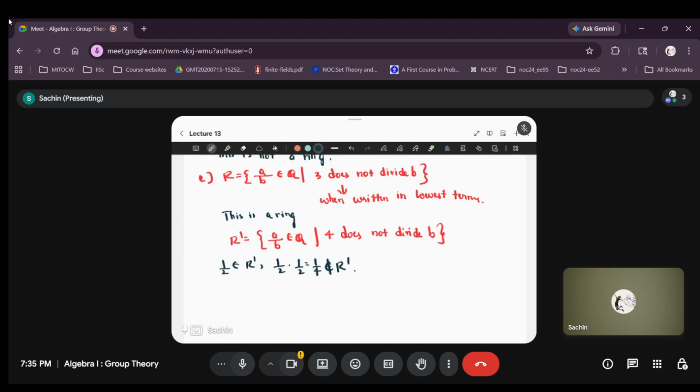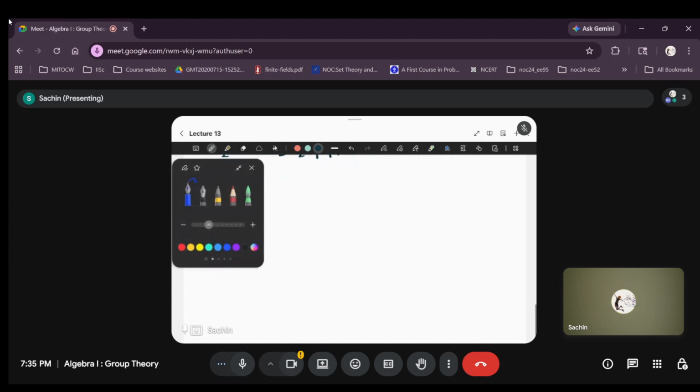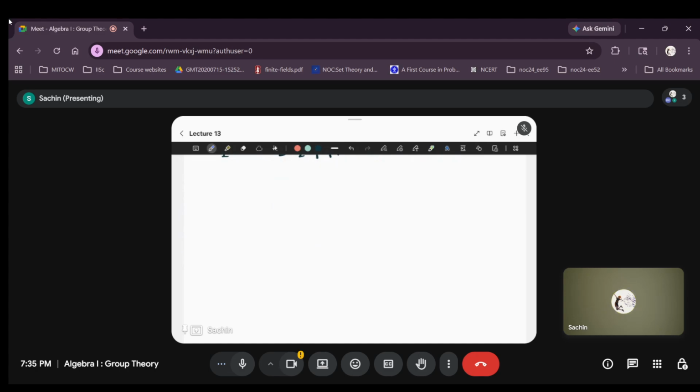So, yeah, we can write this in general that R_p is the set of all numbers of the form a by b, where p does not divide b.